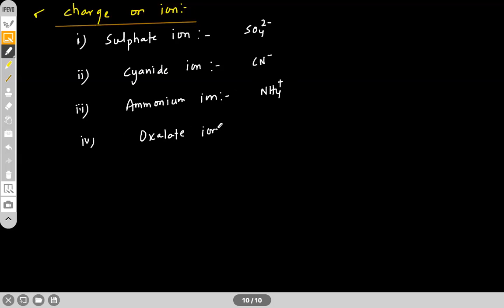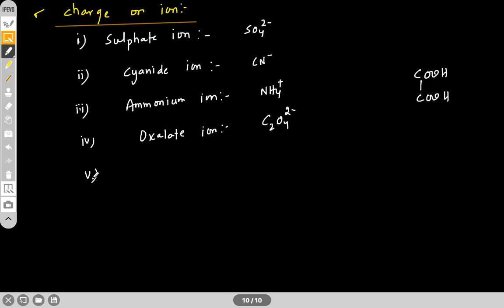Oxalic acid is COOH, COOH, and when you remove H plus from this, you get C2O4 2 minus. It is oxalic acid minus 2 charge on this.